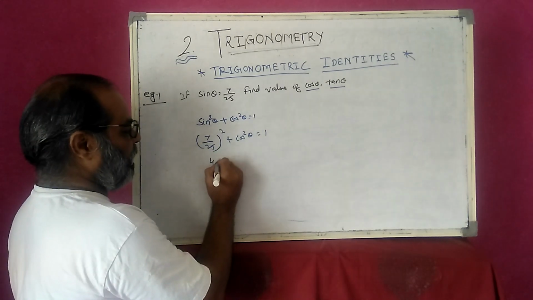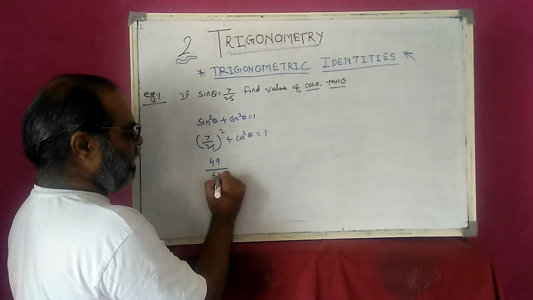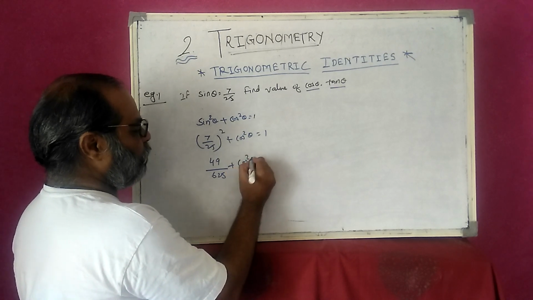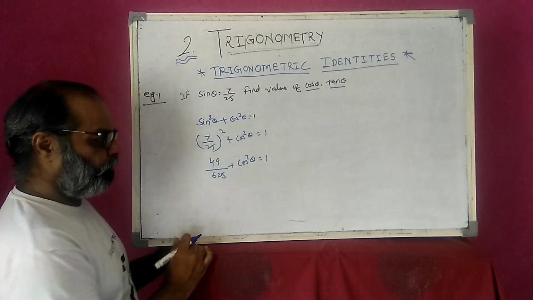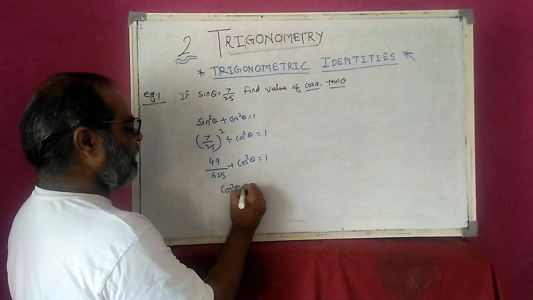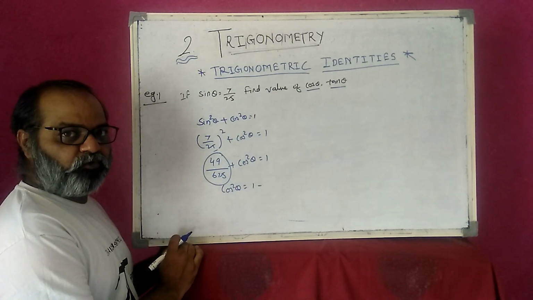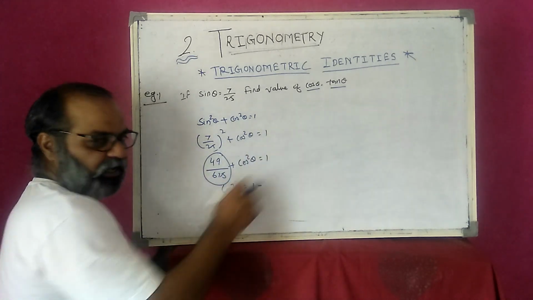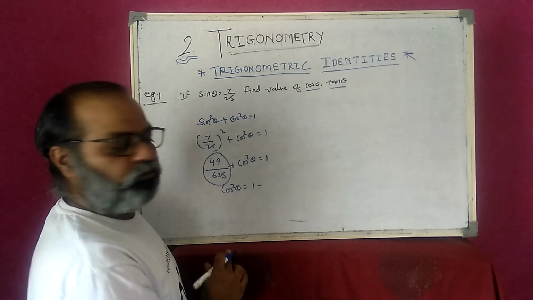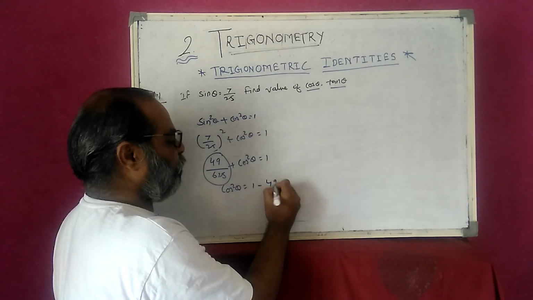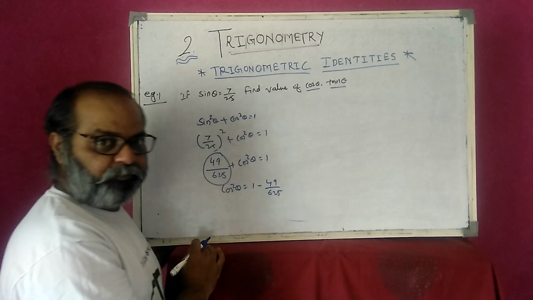So 7 square is 49, 25 square is 625, plus cos square theta is equal to 1. So cos square theta is equal to 1 minus 49 by 625, since when I change the side, the plus sign becomes minus.